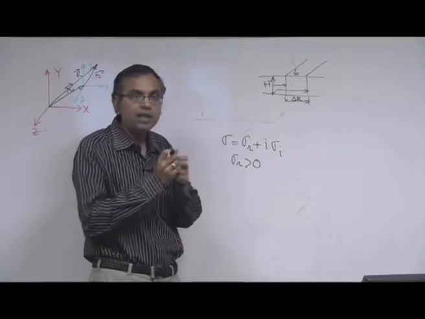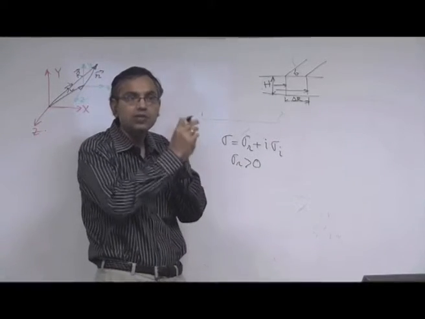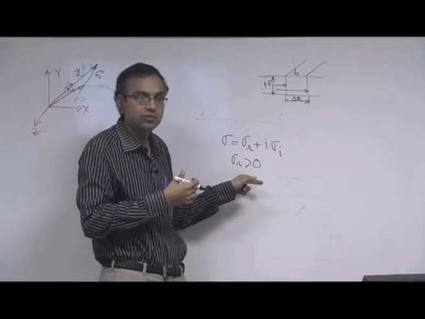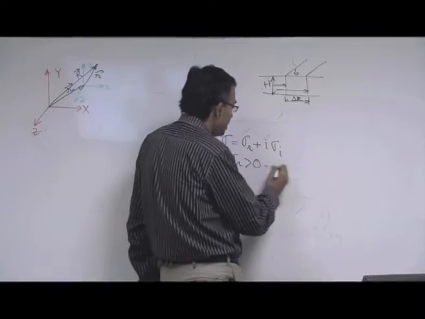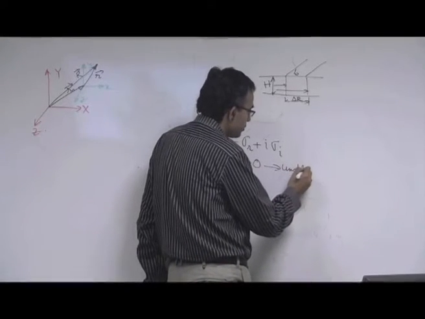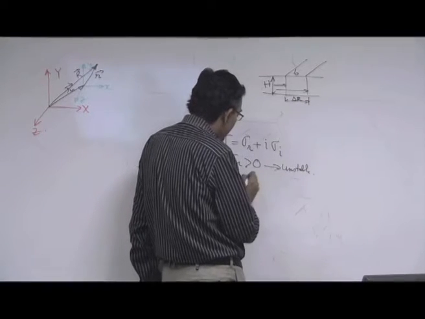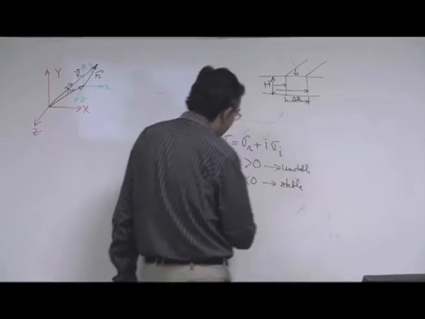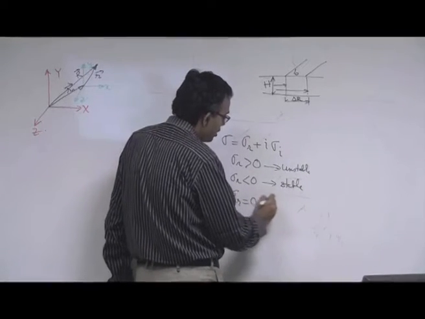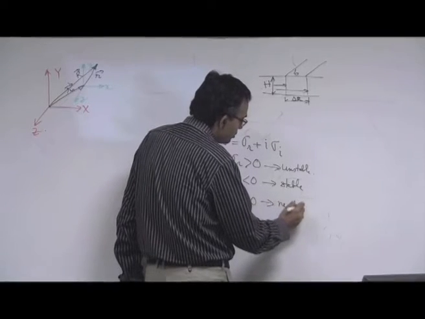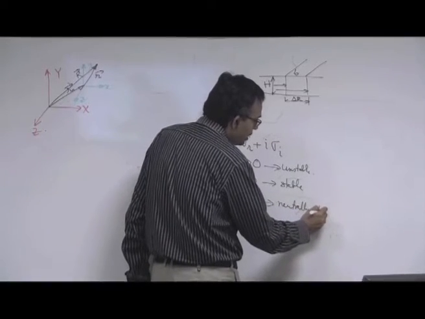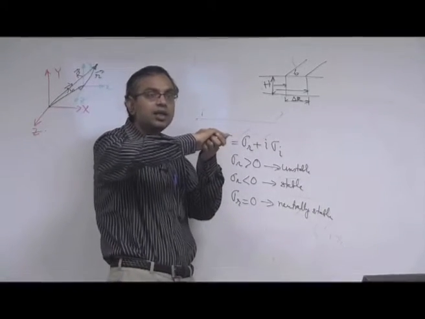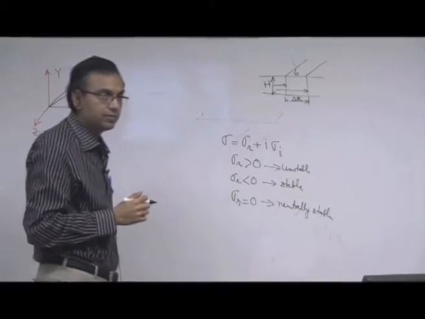That means the perturbation is getting amplified with time, because it is e to the power of a quantity which is greater than 0. So this means unstable. Sigma r less than 0 is stable, and sigma r equal to 0 is neutrally stable or marginally stable. It is on the borderline between stability and instability.